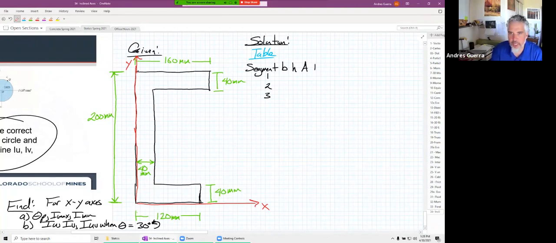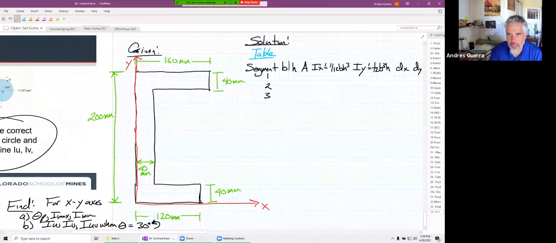Ix prime, we know for this one is 1/12 BH cubed. We're going to need Iy prime, which is 1/12 B cubed H. And then we're also going to need d sub x and d sub y.